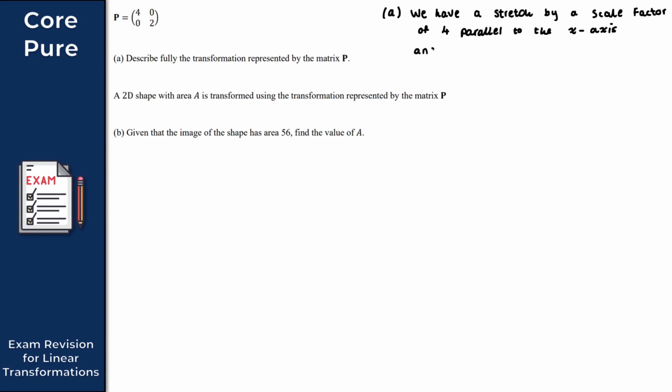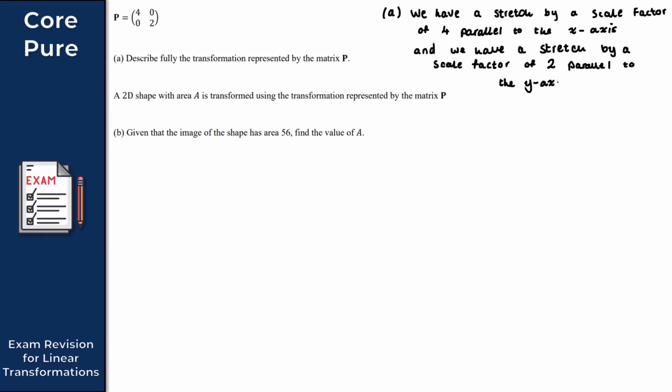So we also have a stretch by a scale factor of 2 parallel to the y-axis.